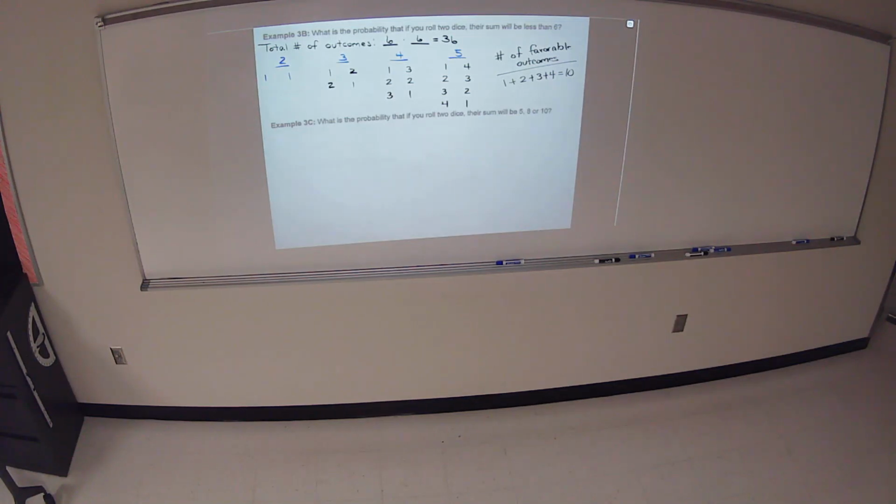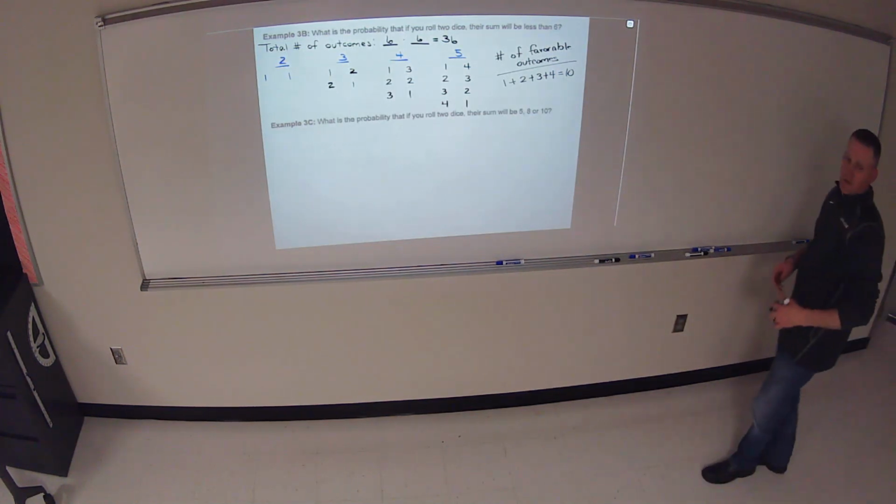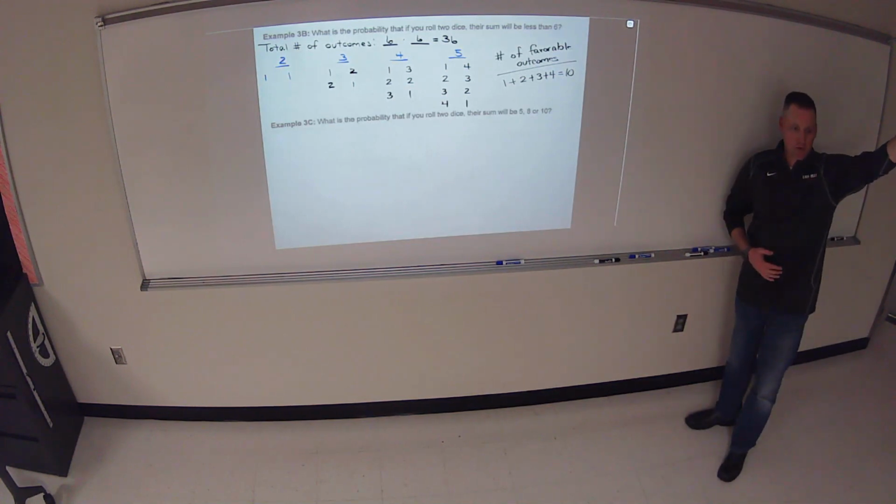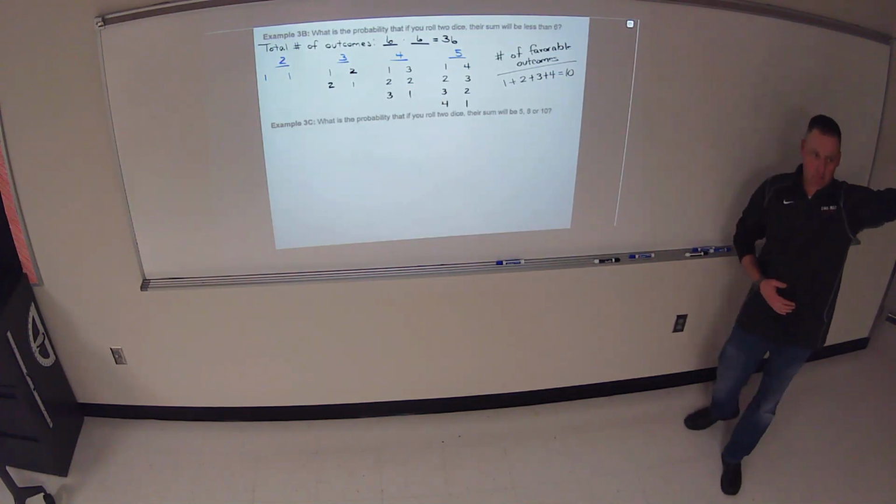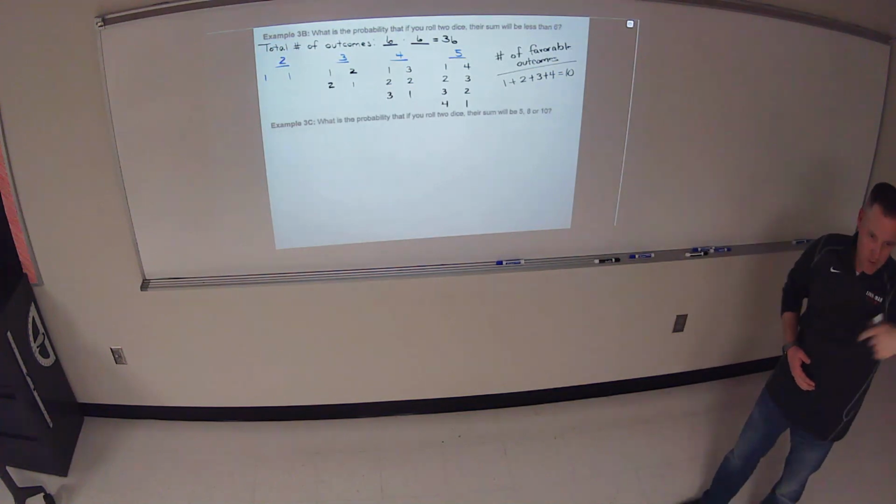We got our pieces, now you just have to put it together. How do you find the probability again? On the top goes number of favorable, and on the bottom goes total. You already have all the pieces there.